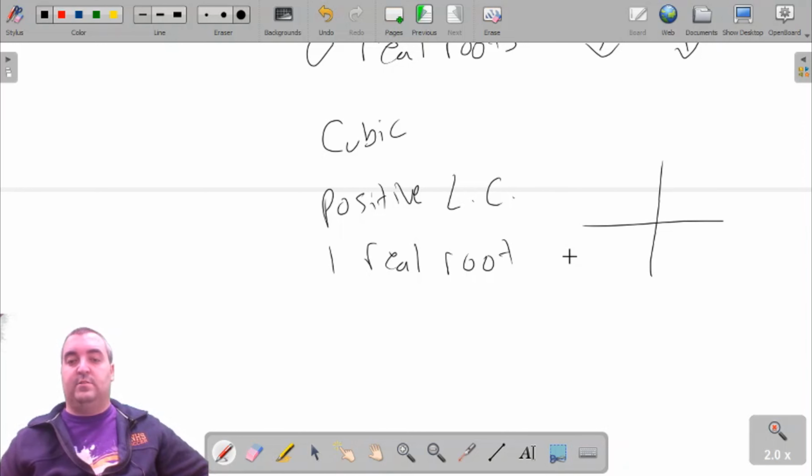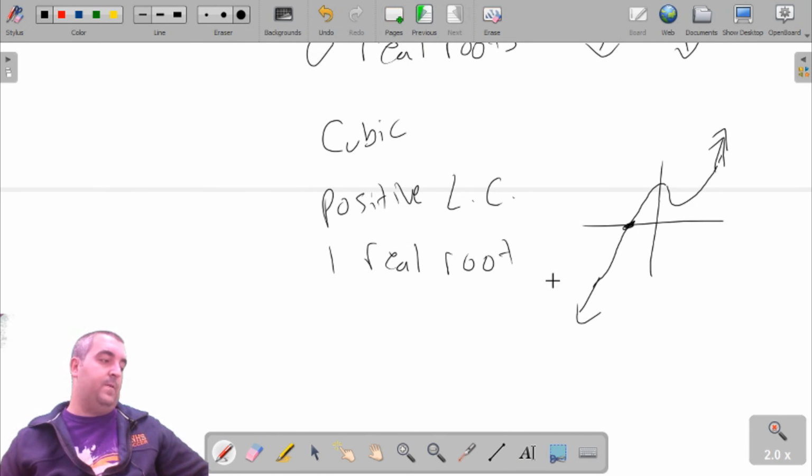We decide that based off the positive, so it's going to have that positive slope, if you will. 1 real root means that we're going to hit the x-axis once, and then we are not going to hit it again. So there's an example of a cubic with 1 real root.